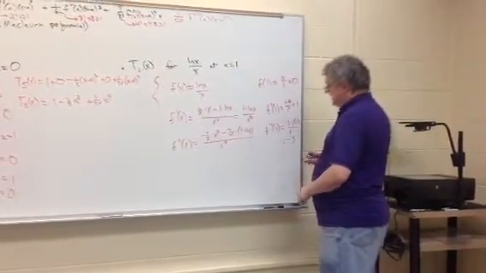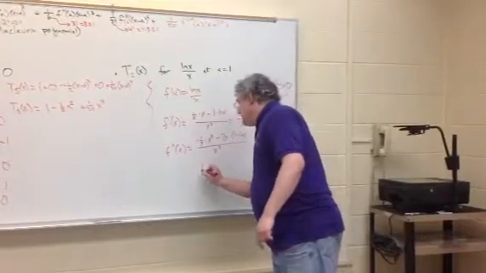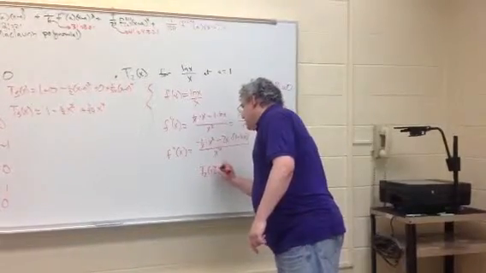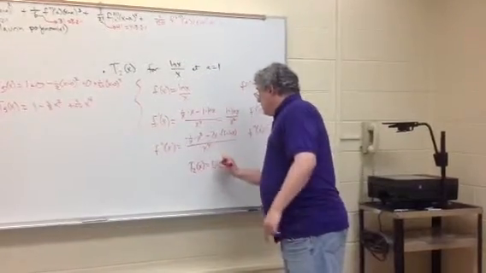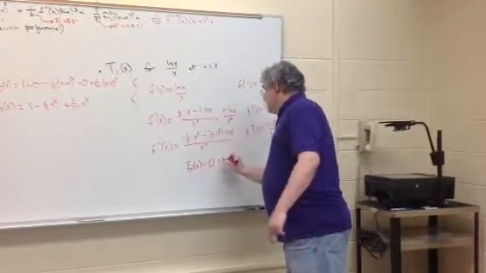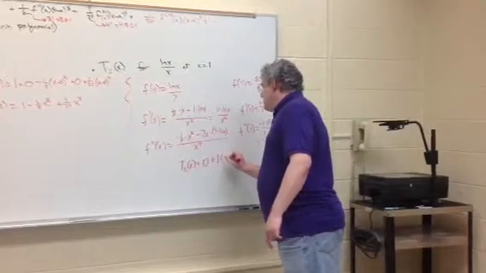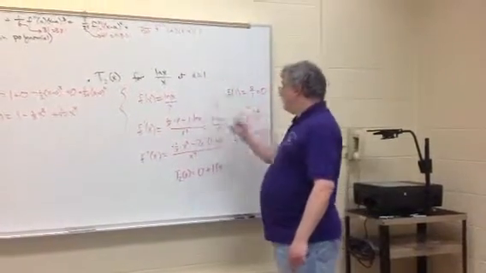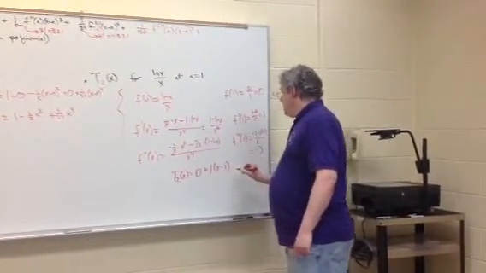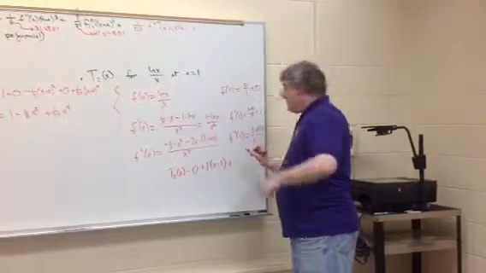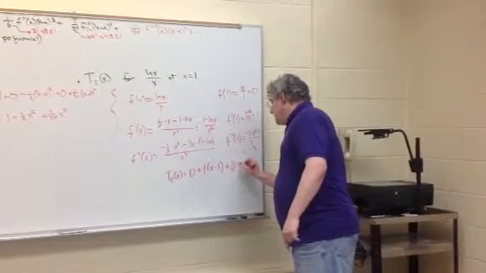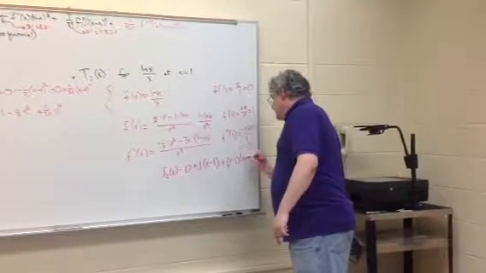Let's see, is that right? Yes, I think so. So, T2 of x is going to be the first one, 0, plus 1 for the slope times x minus the base value of 1, plus the second derivative with a half, 1/2 times minus 3 times x minus 1 squared.